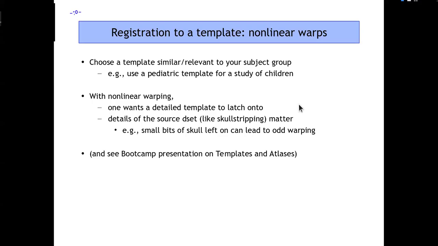You really want something that has sharp features in it so that even if your data isn't the greatest quality or doesn't have the sharpest features, you give it the best chance to align to something, because the nonlinear algorithms across a lot of software are very powerful nowadays. So, treat yourself right and use a data set that has good tissue contrast.